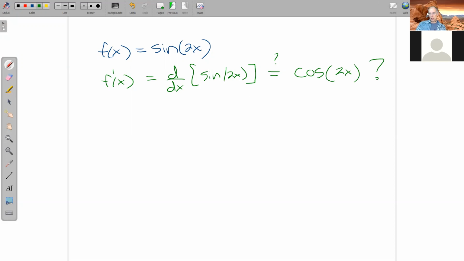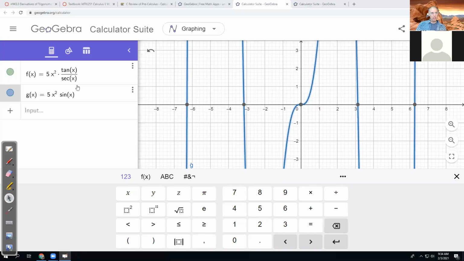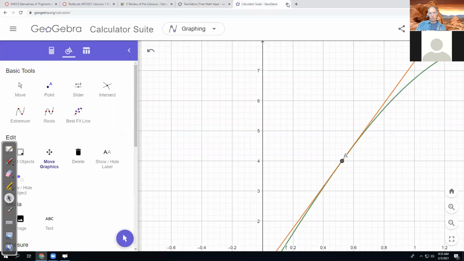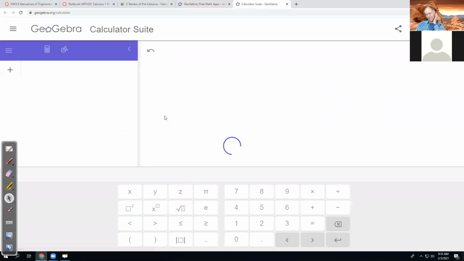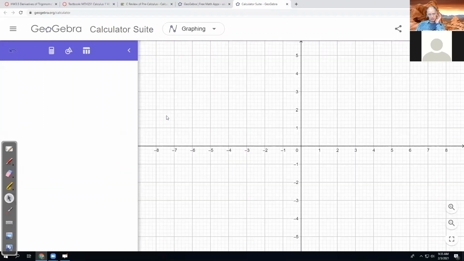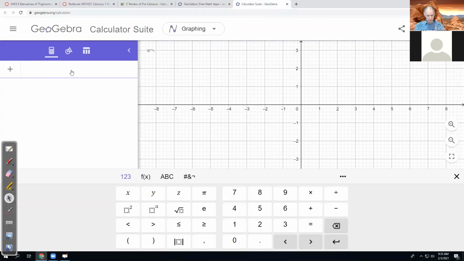So to test that out, I just make a graph and see. So let's get rid of a couple of graphs here. I find you can do lots of GeoGebras all at once, but if you had like 10 of them open, your computer's going to slow down a little bit. All right, so f of x equals the sine of 2x.